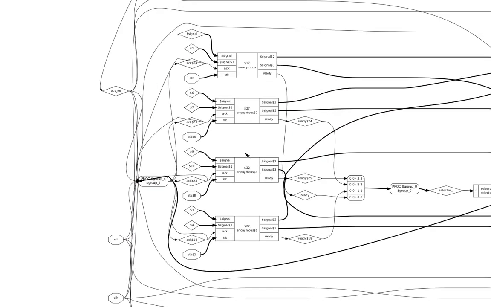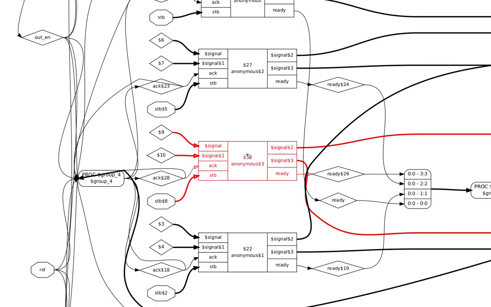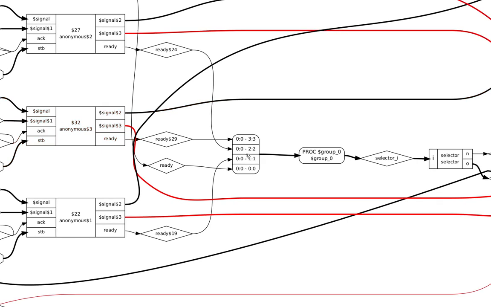So there we have the 4 reservation stations, where, as you can see, each one has 2 inputs and 2 outputs, an ACK and a strobe, and an indication of a ready bit. The ready is high if the 2 bits of strobe are both high, then all those 4 ready bits get joined together.